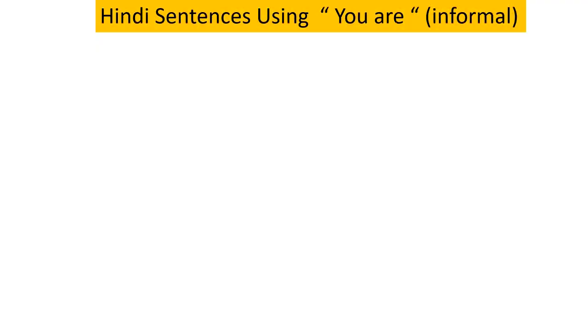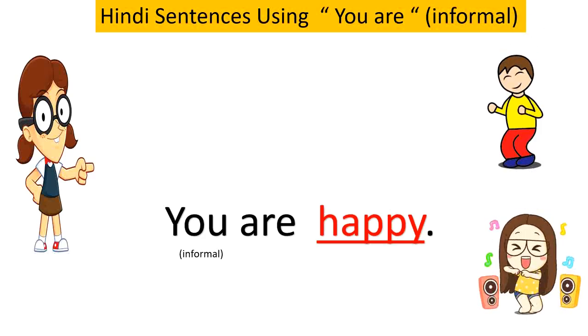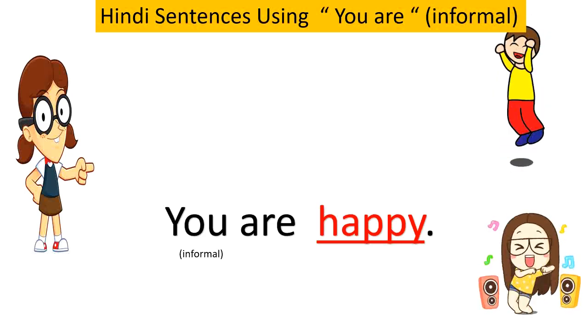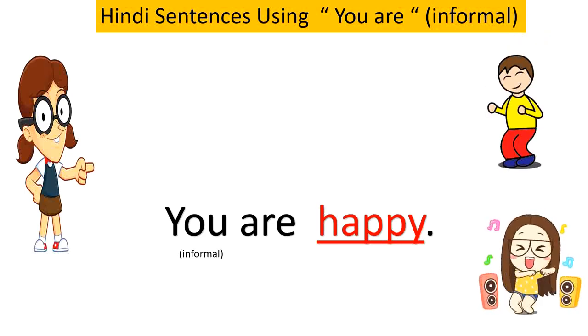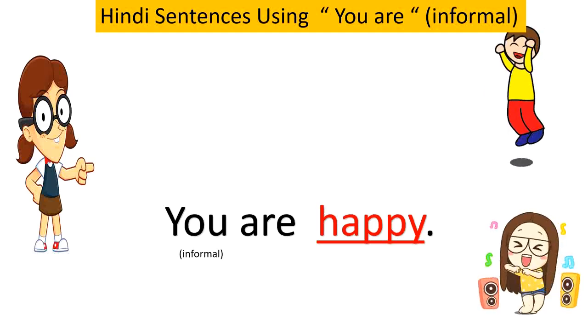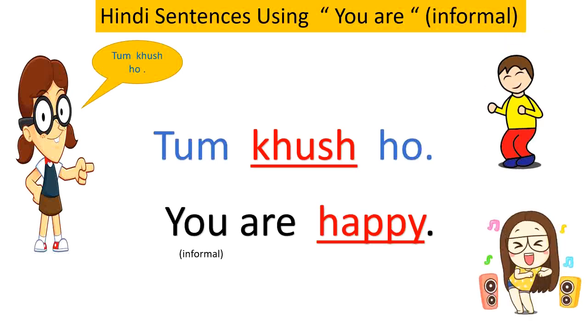Let us see. You are happy in informal conversation. In Hindi, happy is khush. And khush will go in between tum and ho. The sentence will be tum khush ho.